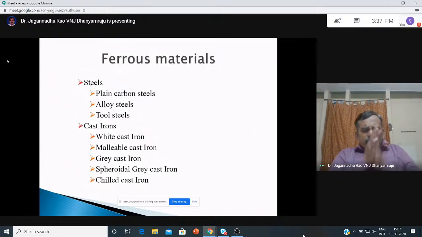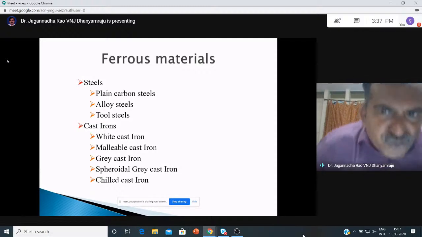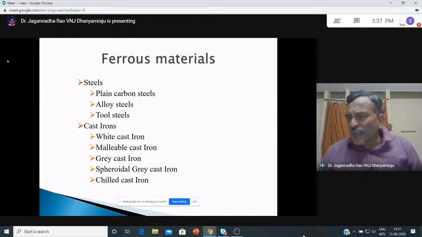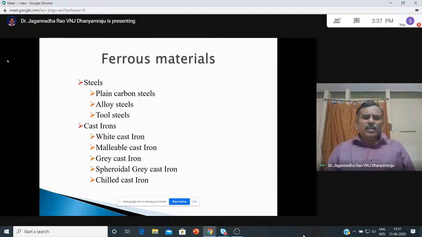Okay. Now we have studied the iron carbide equilibrium diagram. So let us see about the ferrous metals. These ferrous metals are iron based metals, that is what we have seen. And they can be classified as plain carbon steels, which are nothing but alloys of iron and carbon, and alloy steels. See, carbon is the most common alloying element with iron.